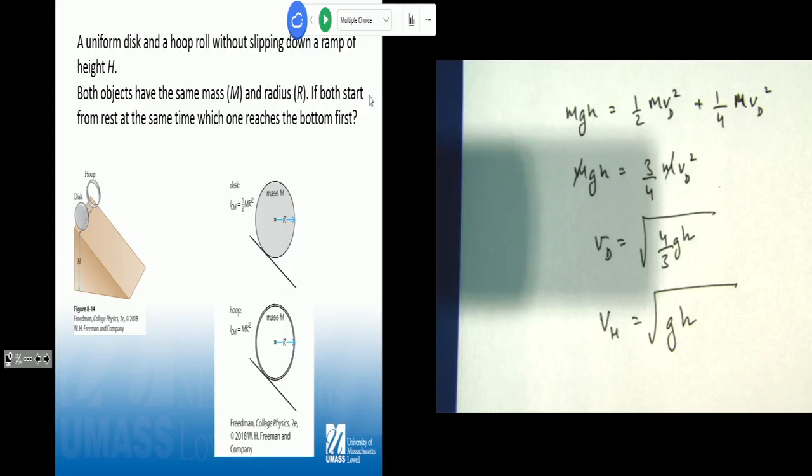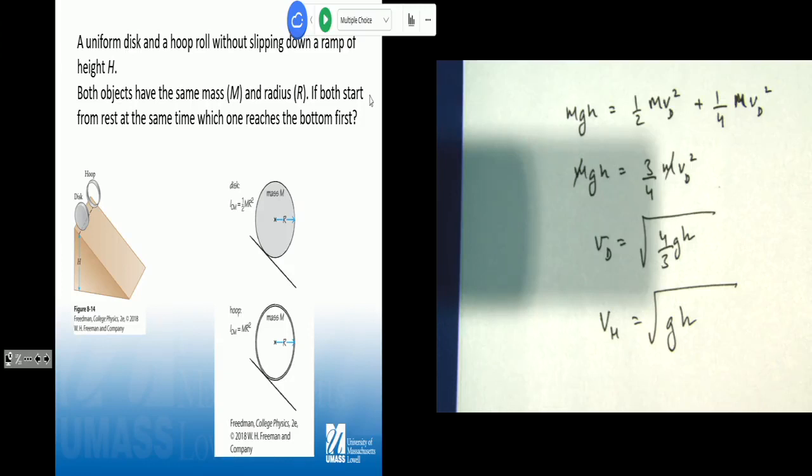The disk had the smaller rotational inertia, so even without doing the math, it is possible to guess that the disk will reach there first. Just because the disk has a smaller rotational inertia, it will have lower rotational kinetic energy. Therefore, it will have more translational kinetic energy, meaning it's moving faster. Everyone with me so far?